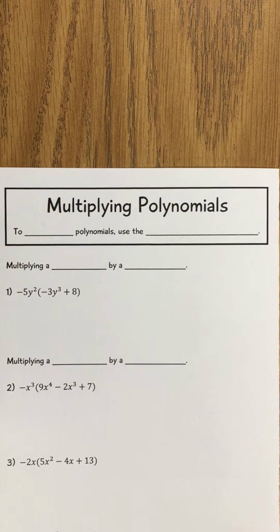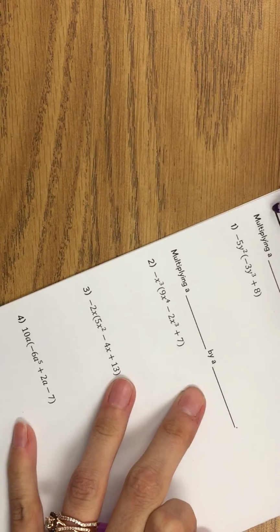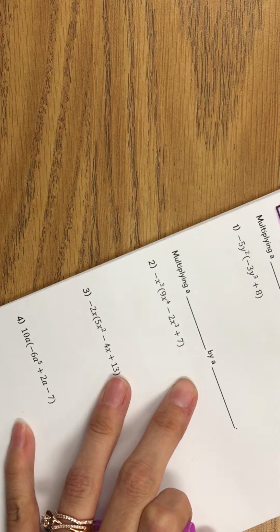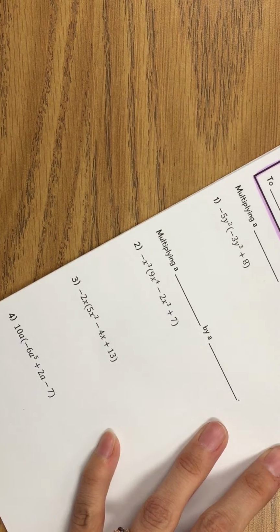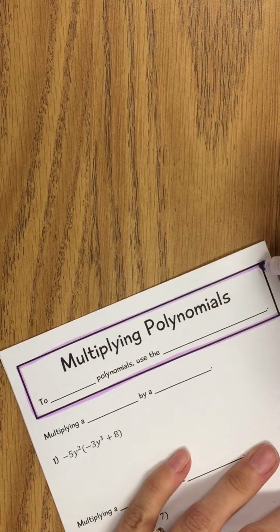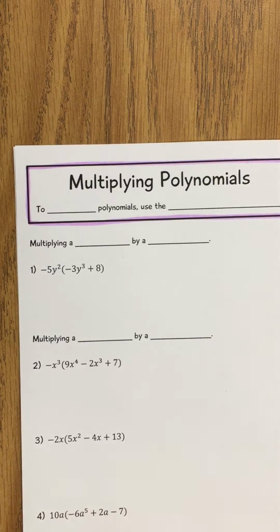I am going to highlight this top box with the colors that I like. Try to do them kind of quick. And then we're going to fill in our blanks on this guy.